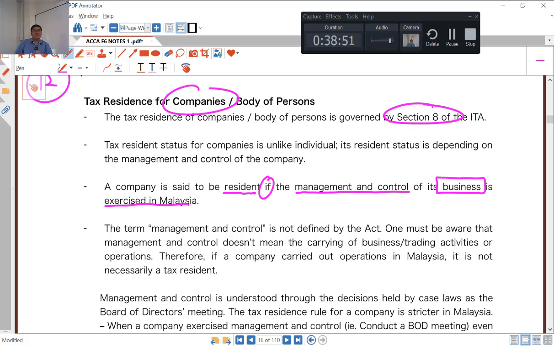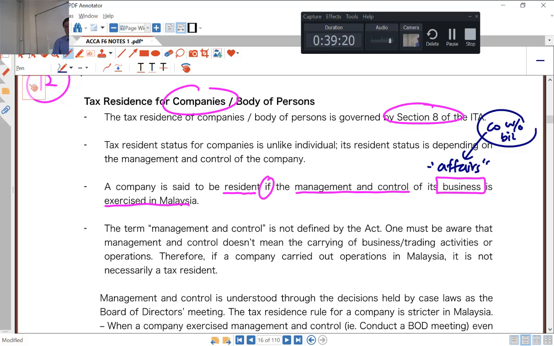Then this statement is wrong already, because you're saying something that cannot be fulfilled. That's why if the company does not have a business, then we use the word affairs. Because affairs simply refers to their activities. So the management control of its affairs is exercised in Malaysia.